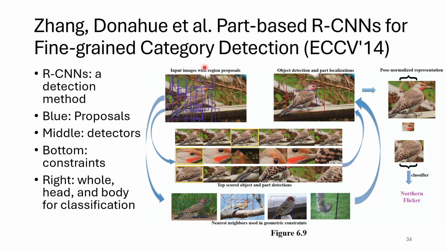Once they have the proposals, they compare the test image with every image in the dataset to find the most similar one, and use the labeled information to pick the best candidates.